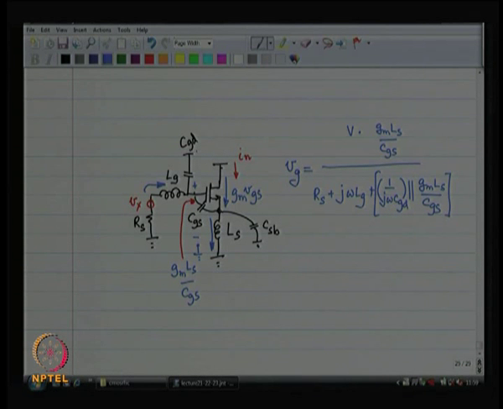All right. Now, once you know the gate voltage, it is very easy to find out what is the current going into the gate.